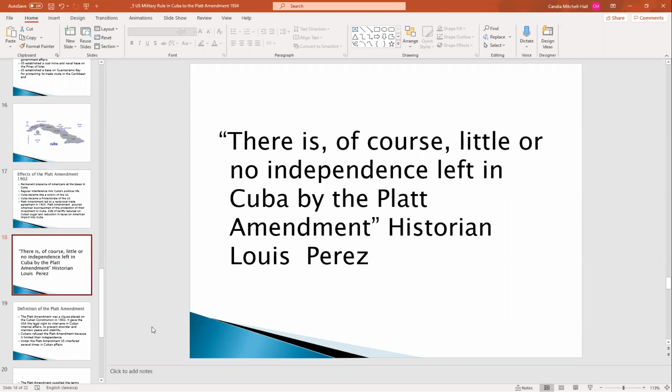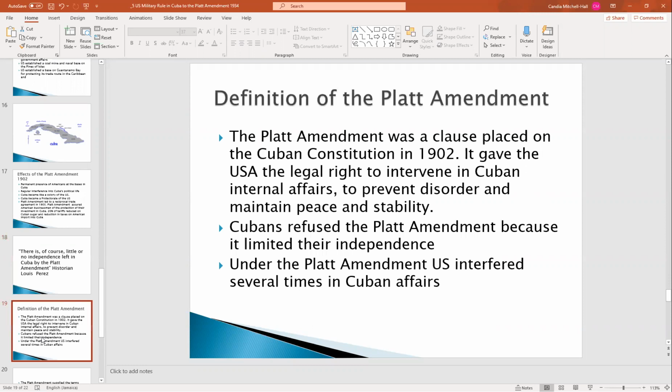Because from the end of the Spanish-American War, you have the military government, and now, even though we can elect our own president, we can't do anything without you sanctioning it. So we have no independence.